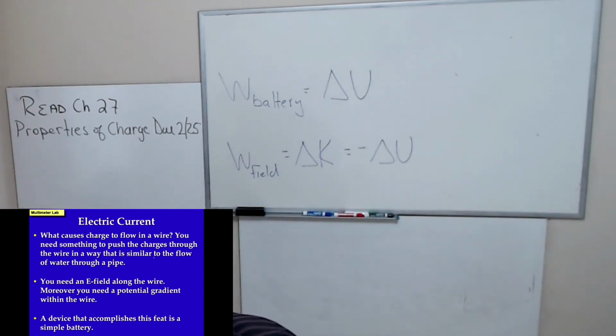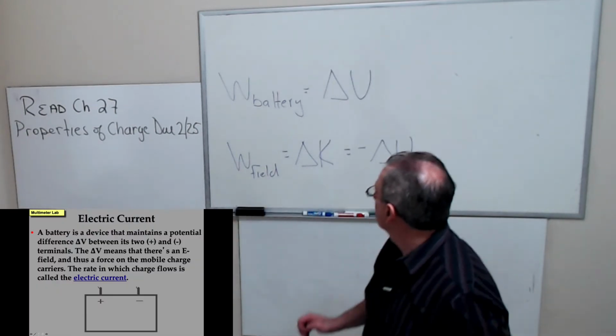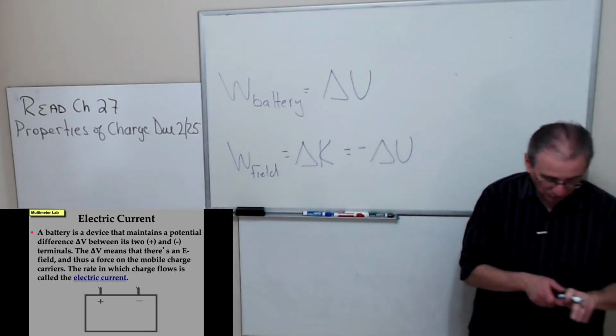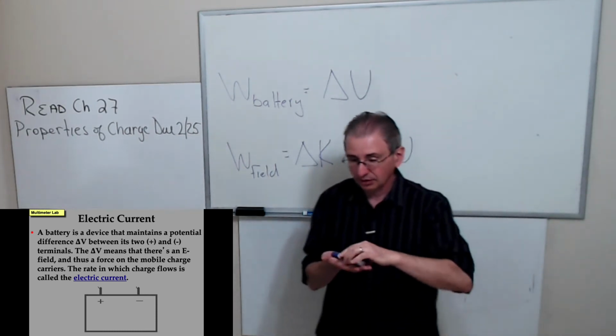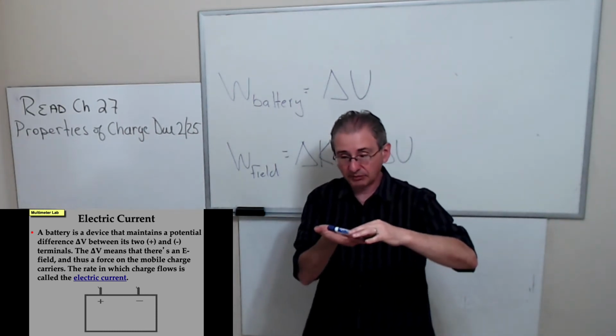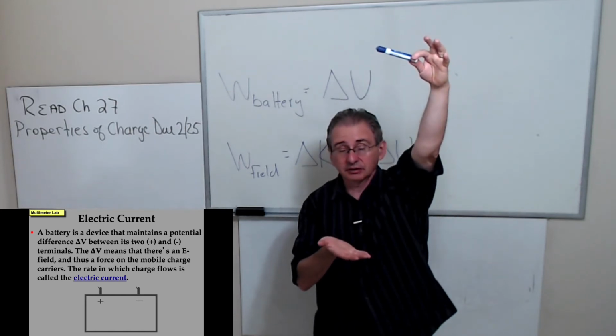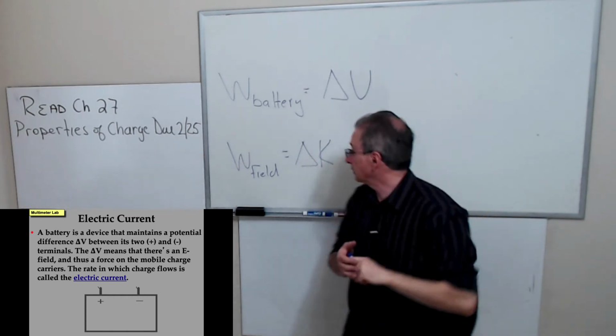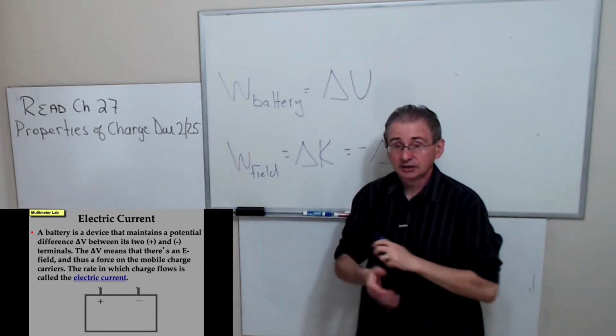They do work on the charges, giving them potential energy, in the same way as when I do work in lifting up this marker from my hand to some higher position. The work that I do is equivalent to the work that the battery does.